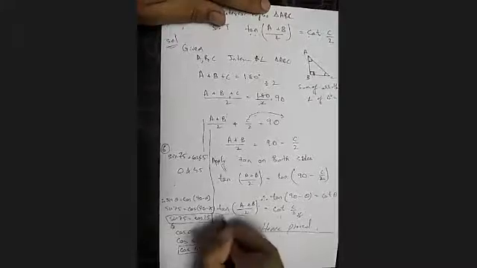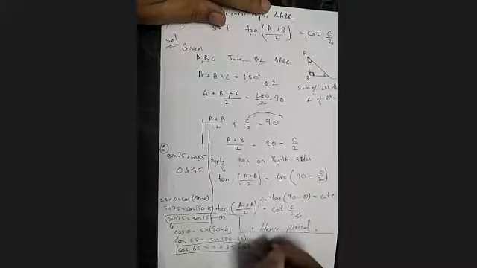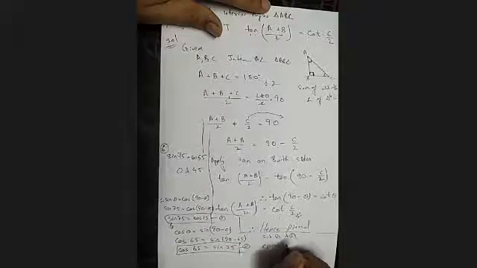Sine 25. So we can substitute 1 and 2. So sine 75 will become cos 15 and cos 65 will become sine 25.